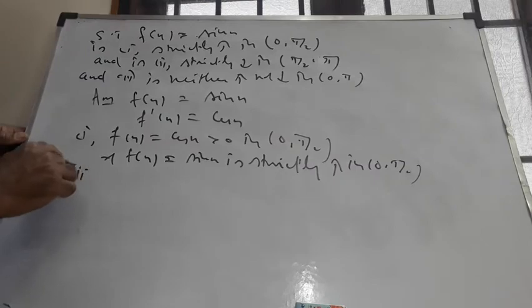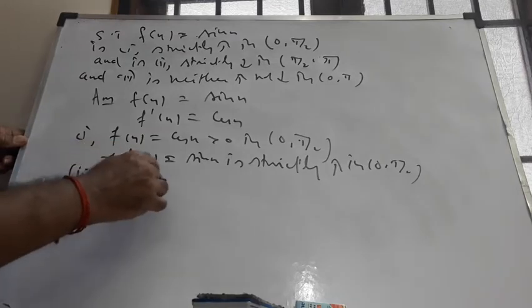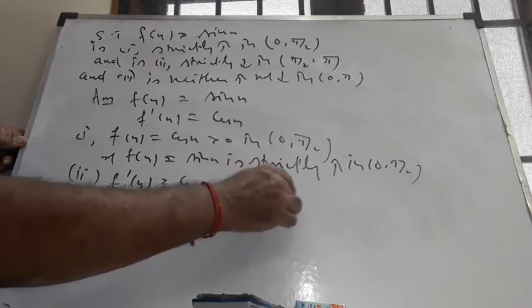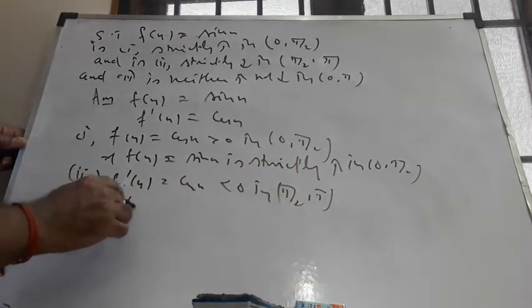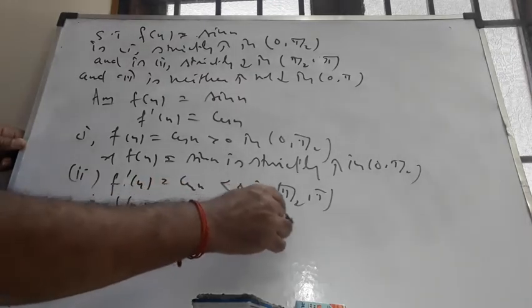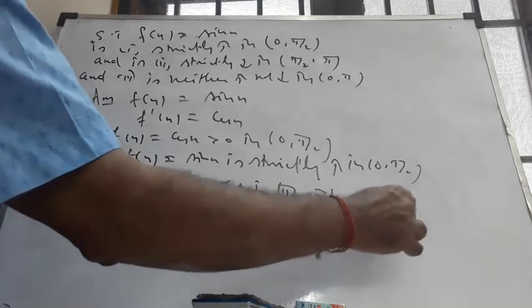Solution 2: f dash of x equal to cos x is negative in pi by 2 comma pi, an angle in the second quadrant. Therefore, f of x equal to sin x is strictly decreasing in pi by 2 comma pi.